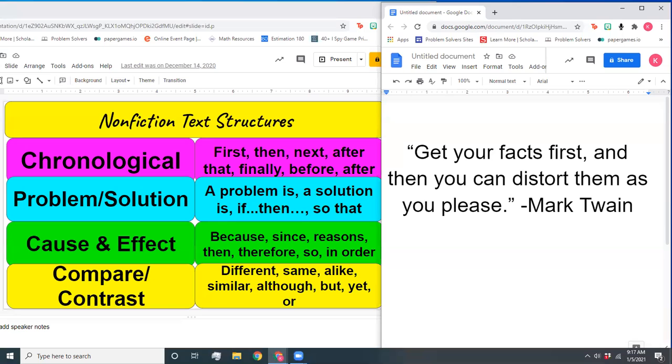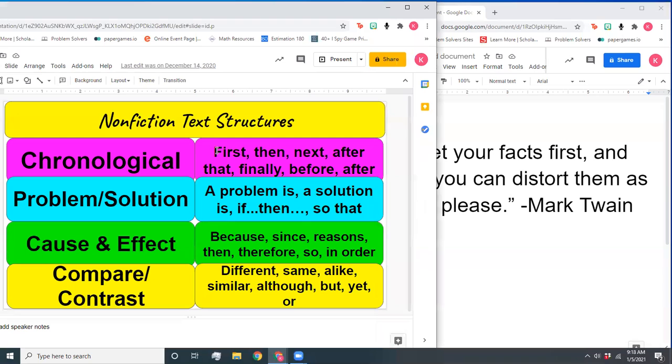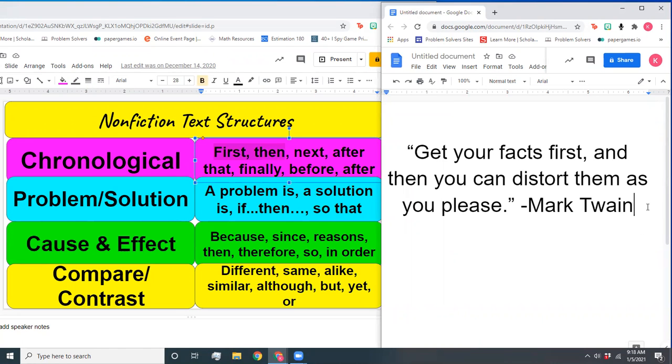Like I said, I'm going to do the first one with you. So I would think that this quote is chronological. I see the word first. I see the word then, just like I do over here. So if I were you, I would be writing number 1, chronological.